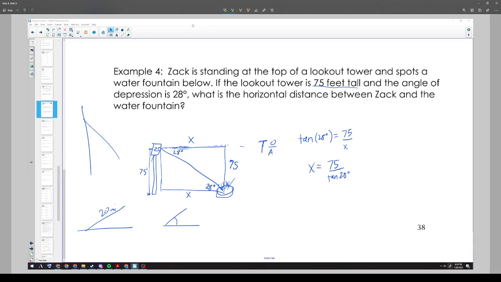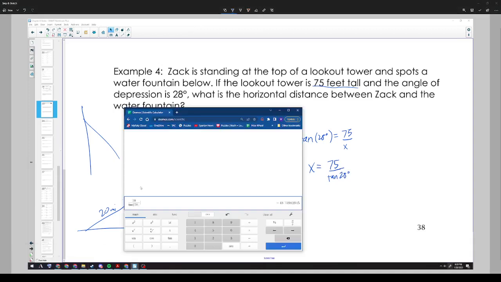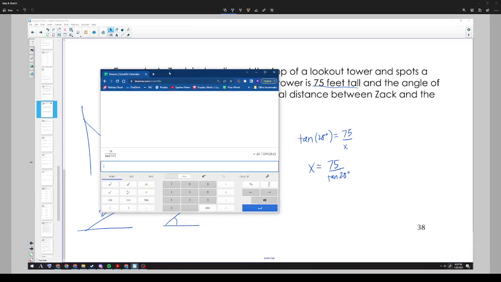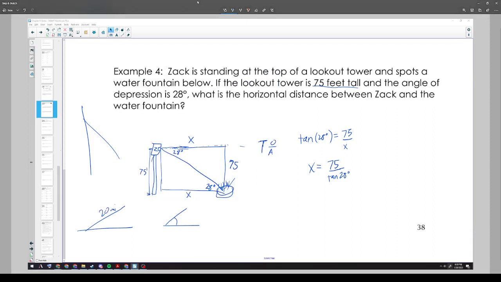So back to our calculator, and we're going to do 75 divided by tangent of 28. We get 141. So 141.1 to the nearest tenth. So x equals 141.1, and our units, since we measured the only thing we had in feet, will also be in feet. So let's do a sanity check.